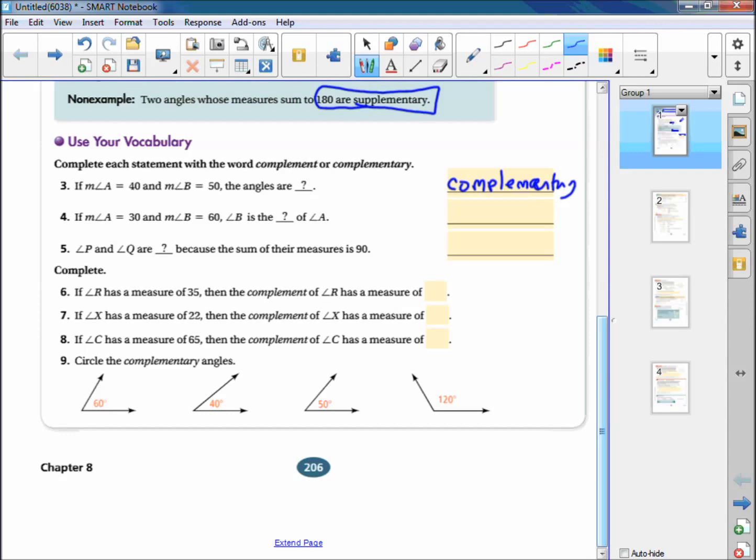If angle A is 30 and the measure of angle B is 60, then angle B is the complement of angle A. And P and Q are complements because the sum of their measures is 90.